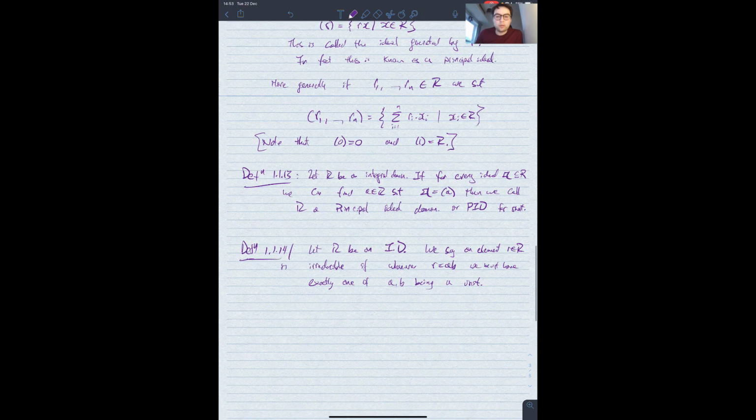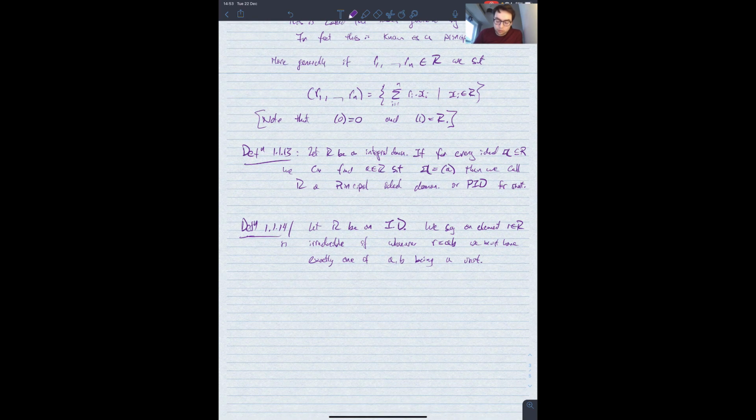So if you can write it as a product of two things, one of those two things always has to be a unit. If that's the case, then we call that element r irreducible.